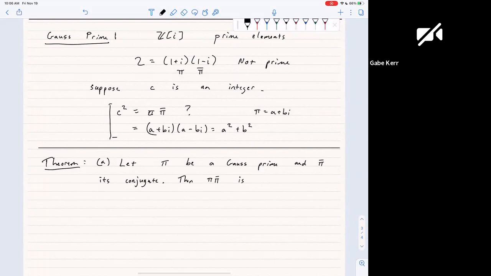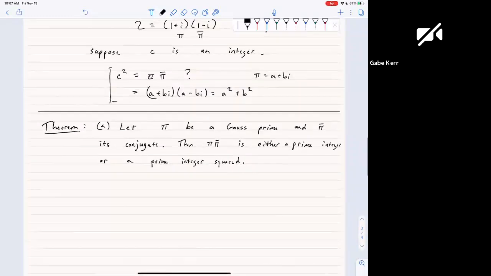It's either a prime integer, or a prime integer squared. Okay.